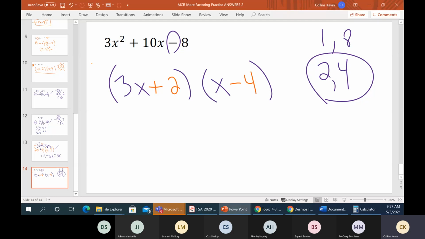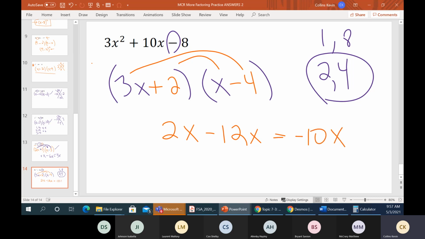All right, so inside guys, we go positive 2 times x, so it's going to be plus 2x. And then outside guys, we're going to do 3 times the negative 4, that's going to be minus 12x. So minus 12x and then plus 2x is minus 10x. Okay, so we got negative 10x, we need positive 10x. So what do we do? Remember, it's an easy fix.